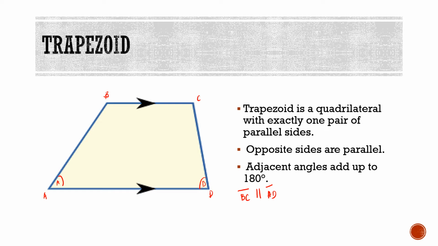Now, the adjacent angles add up to 180 degrees. Always remember that the consecutive angles between parallel sides are supplementary. Therefore, angle A plus angle D is equal to 180 degrees.